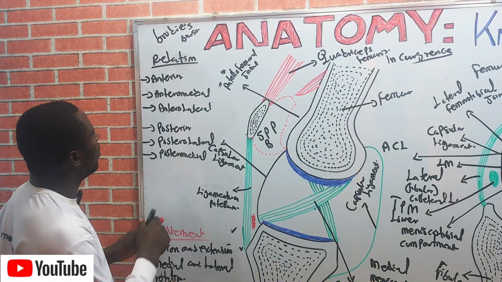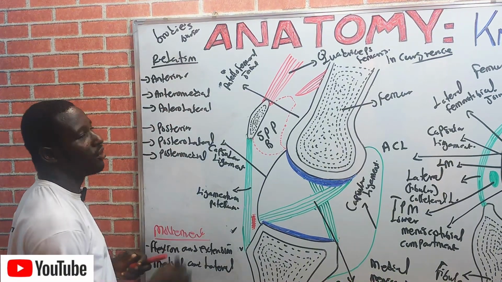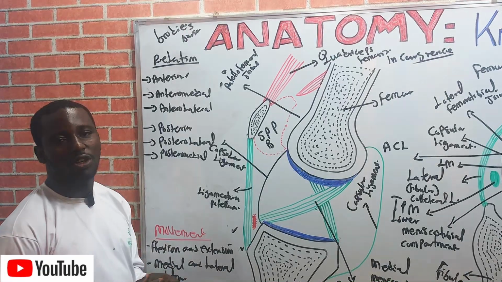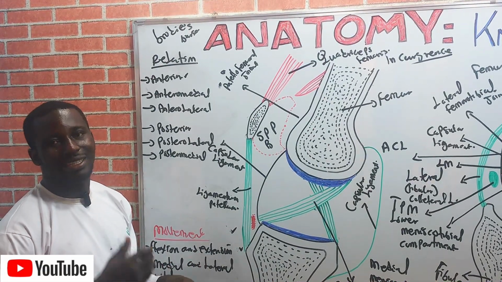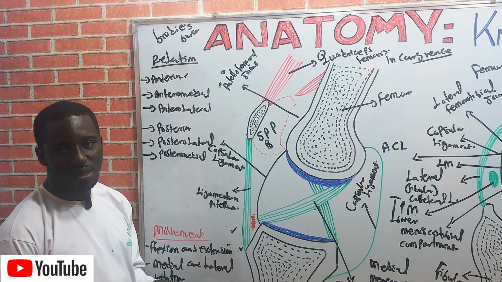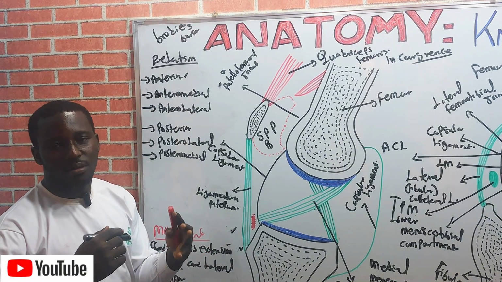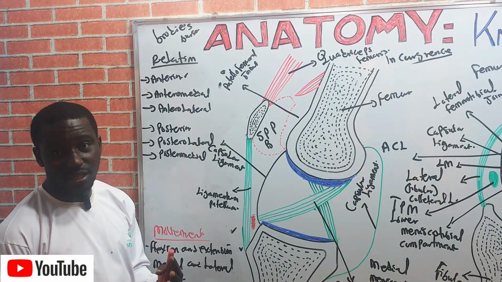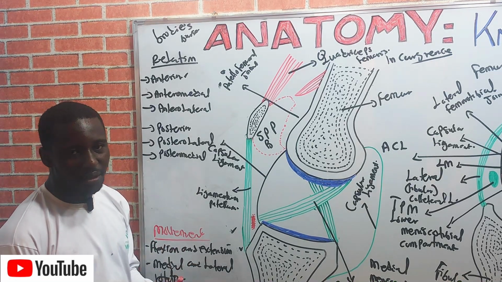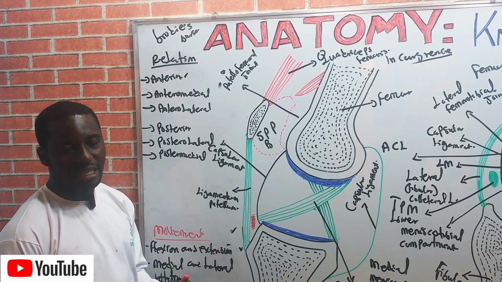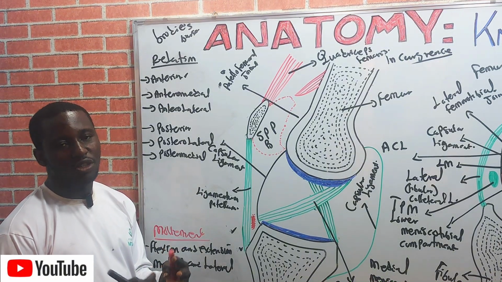Now, what are those structures that form the anterior relation? We have the tendon of the quadriceps femoris, the patella, the ligamentum patellae, the prepatellar synovial bursa, and the patellar plexus of nerves.